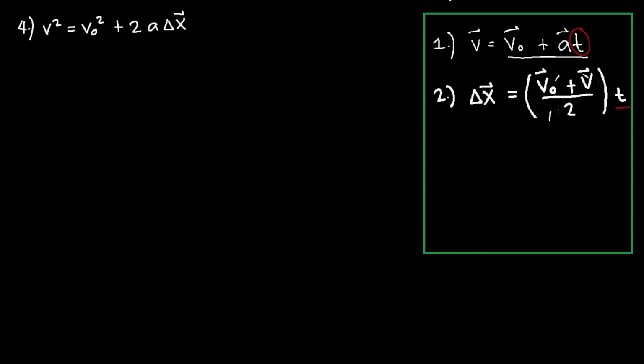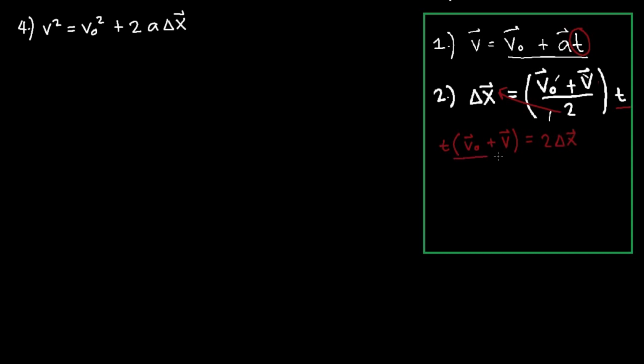So pag i-derive na nato ang t, ang 2, i-multiply sa taas, so mabilin, t times initial velocity plus final velocity is equal to 2 times displacement.